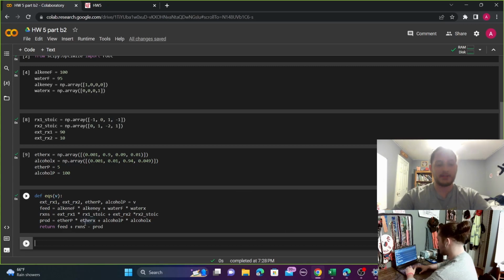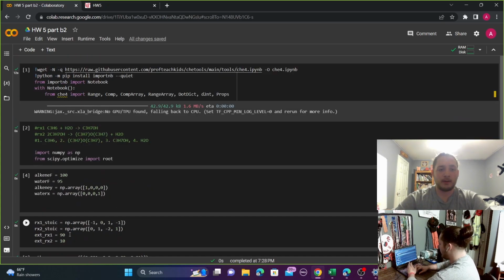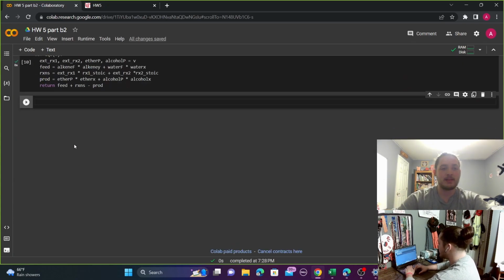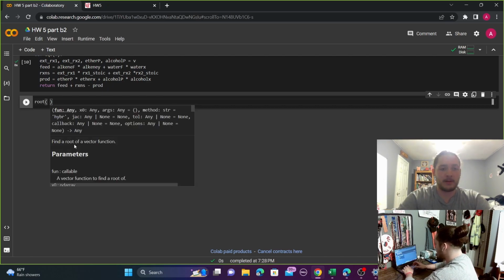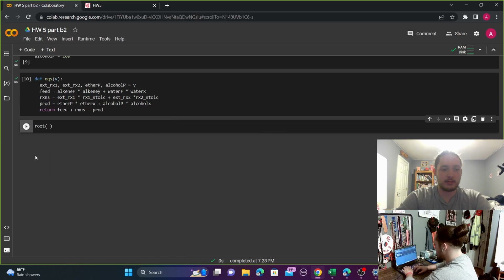So now that we have finished defining our equation, and we have returned our feed plus reactions minus our product, we can now go ahead and utilize our import root function that we had pulled from scipy.optimize. So now we are going to use our root, and we are using it of our function equations, EQS.